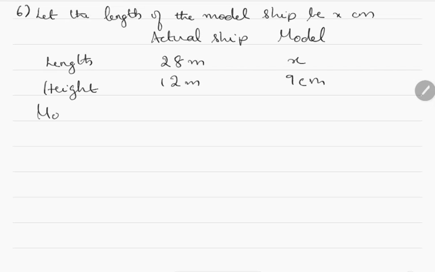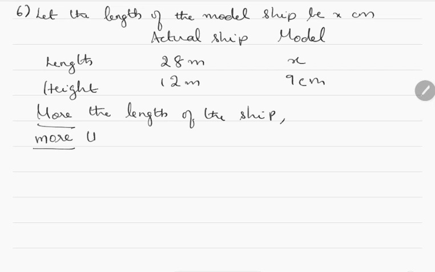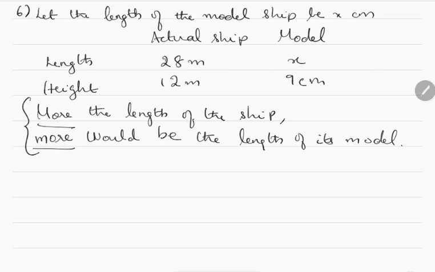So here, more the length of the ship, more would be the length of its model. So now from this we can write it as direct proportion.